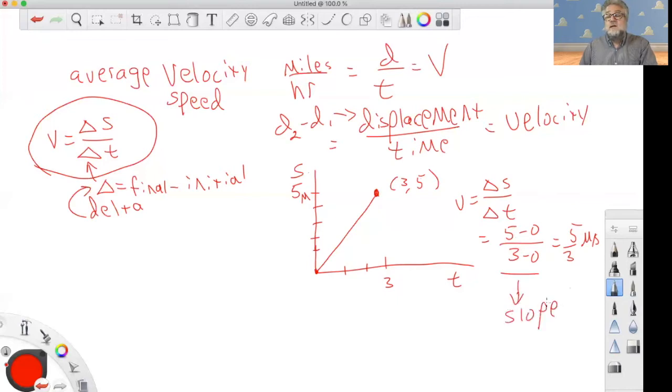And you know why? Because it is. On a displacement versus time graph, slope equals the velocity. And so what we just found was the slope. The slope of this line tells us the velocity.